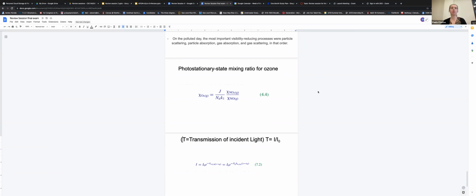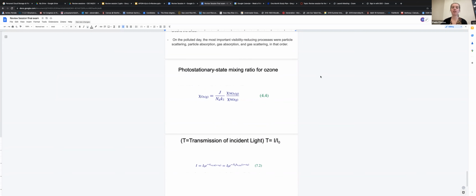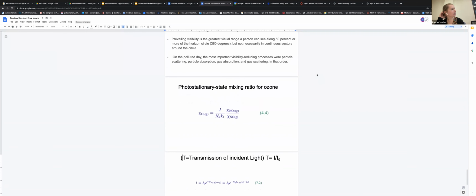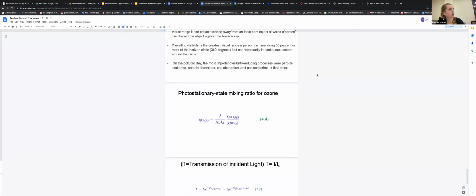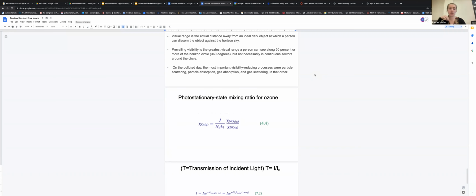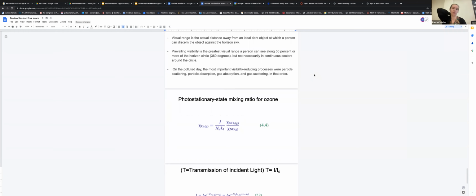For the chemical formulas, I feel like you should know by now the basic ones, the ones you use all the time. Just try to remember what the reactants are.